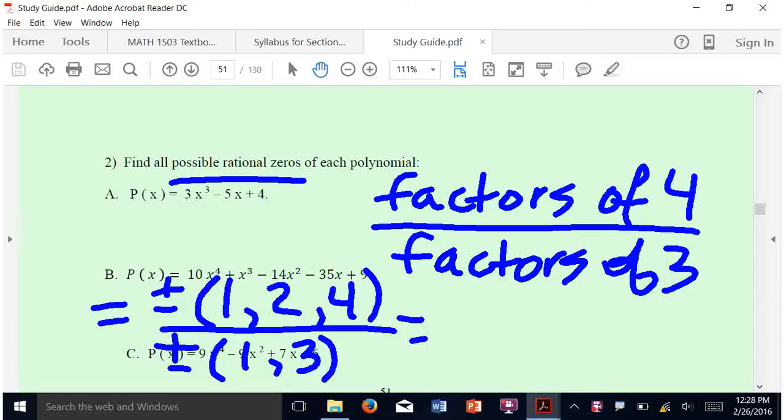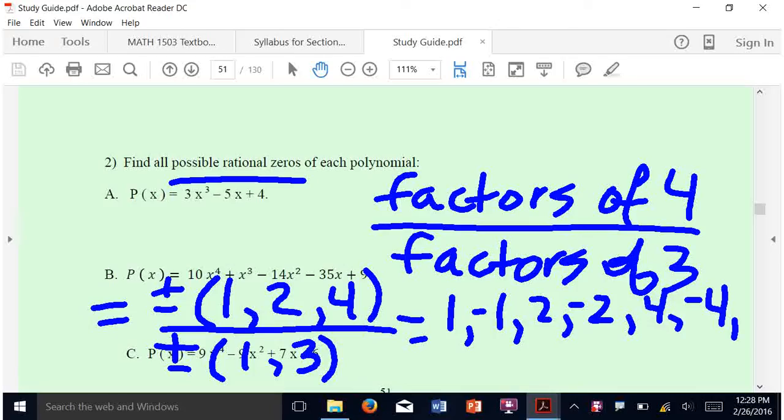So that would be, we'd have 1, negative 1, 2, and negative 2. We'd have 4, negative 4, and then let's start looking at the fractions. So all these were divided over 1, essentially.